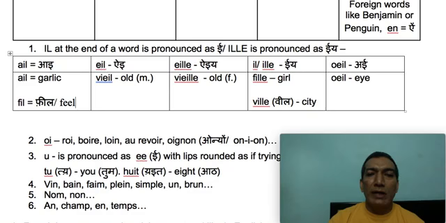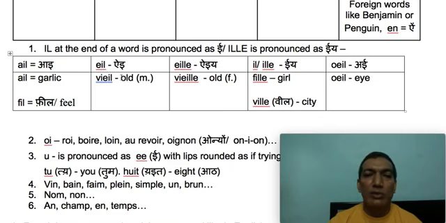Then AEL, A, like here you can see an example, VI. VI is a masculine word, because in French, you know, all the words are masculine or feminine, as compared to English, where you do not have this connotation of masculine or feminine.